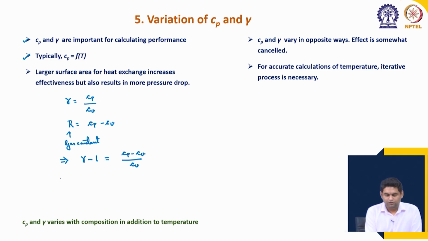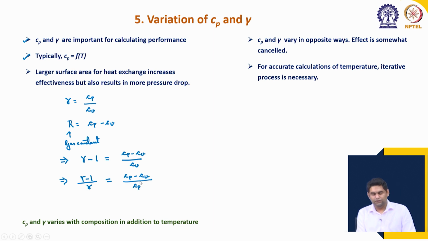Or we can write this as (gamma minus 1) by gamma, dividing both sides by gamma, equal to (Cp minus Cv) by (gamma Cv), which is equal to (Cp minus Cv) by Cp. We are writing it in terms of Cp and R, because those are the parameters which we generally use. So, this is equal to R by Cp.